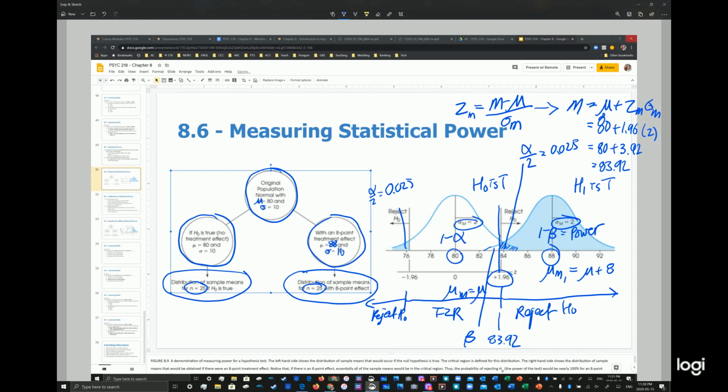And you can calculate power here in the alternative distribution once you figure out what the z-score is. So notice here, it's the same shape as the null distribution with the same standard error, just the mean is different. Here it's 88 instead of 80. And so we want to find the z-score then.